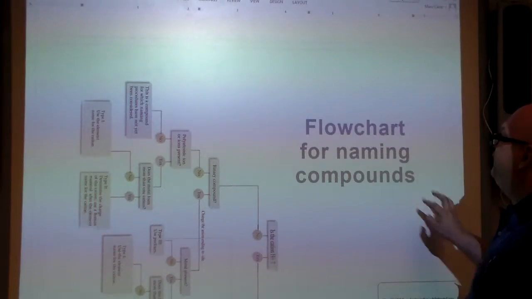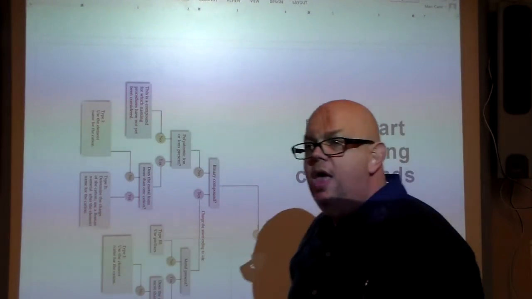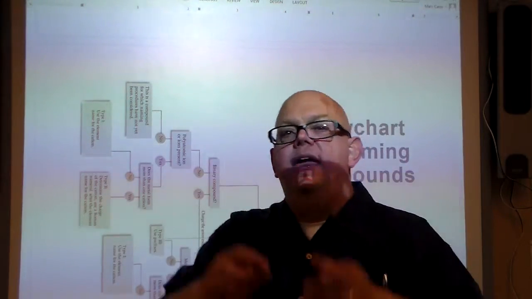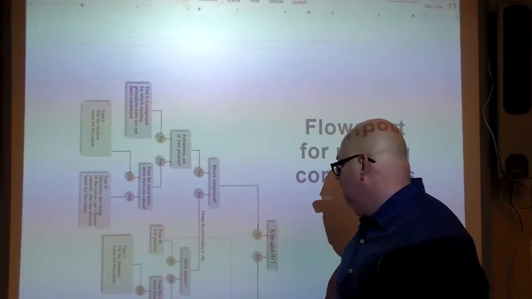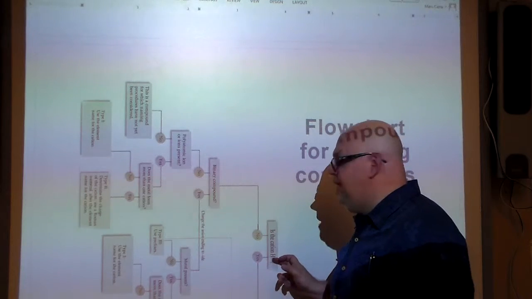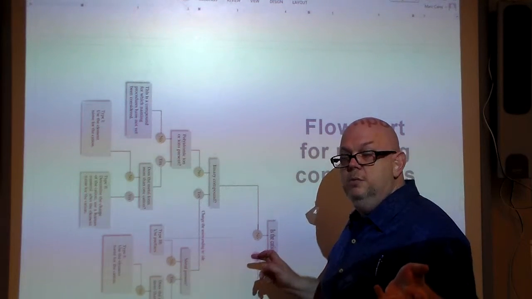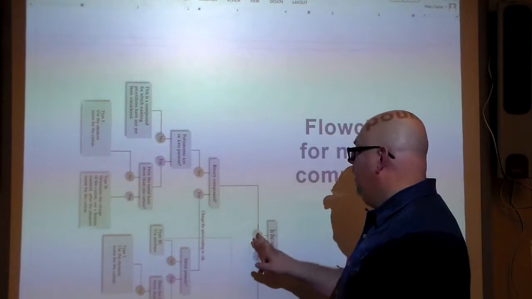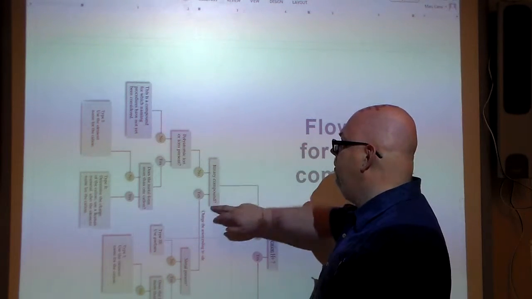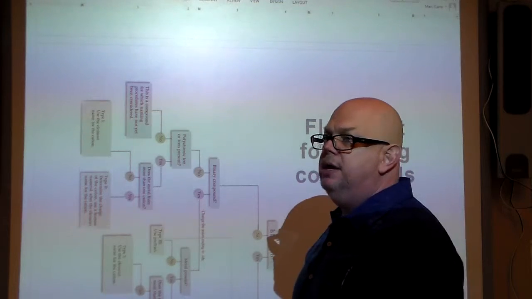Now, this is a flow chart for naming compounds. This is a guide to help you when you're looking at formulas: is the cation H plus? No, yes, so let's say no, and then it goes, binary compound, yes or no. Well, what do we mean by binary compound?